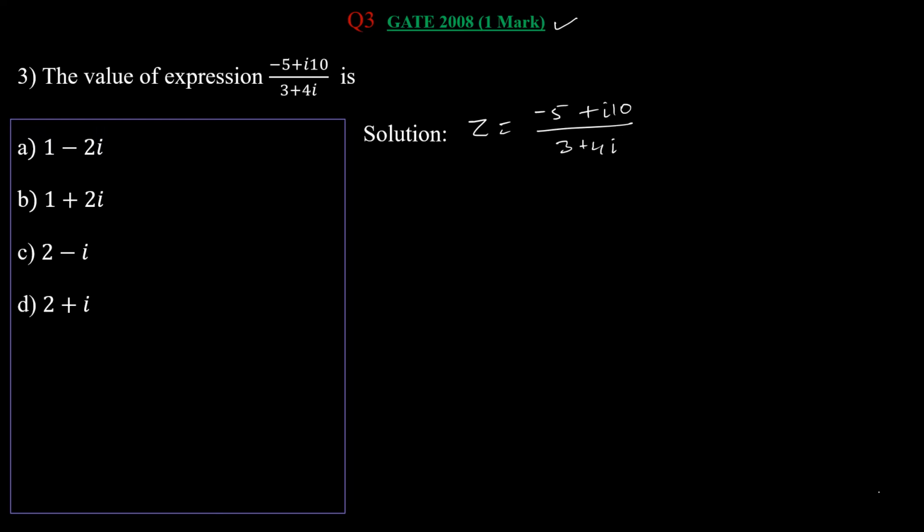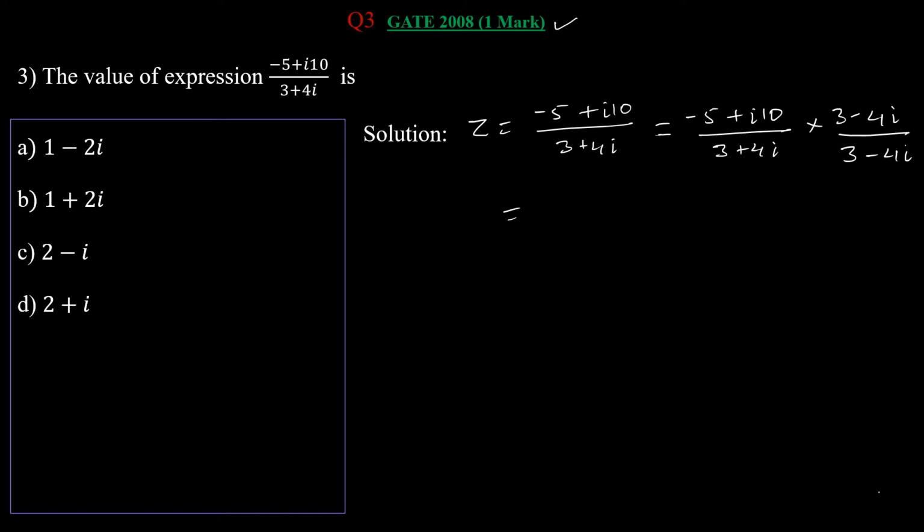Only thing to do here, we rationalize this complex number. So it will be (-5 + 10i) upon (3 + 4i). And how we rationalize? By 3 minus 4i, the complex conjugate of the denominator. So it will be multiplication of these two.